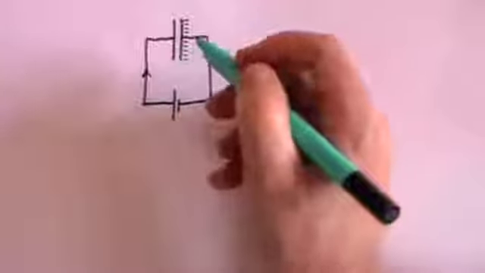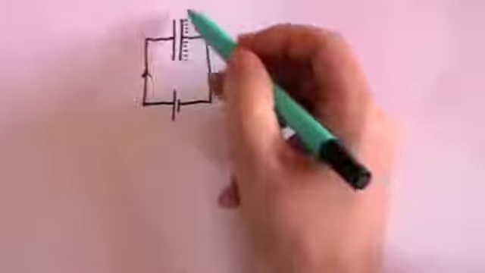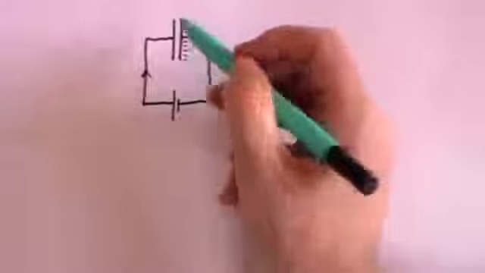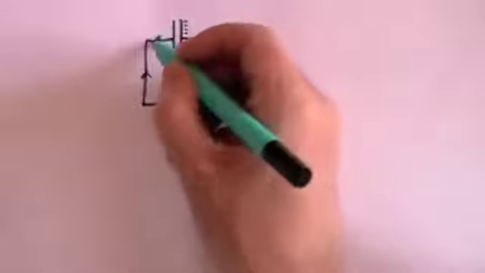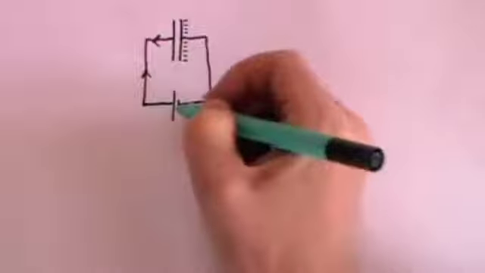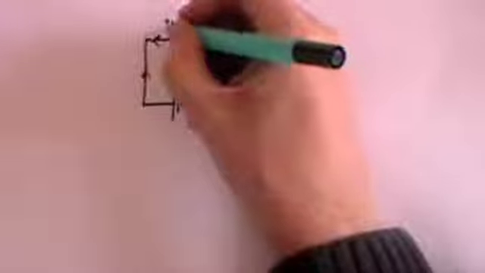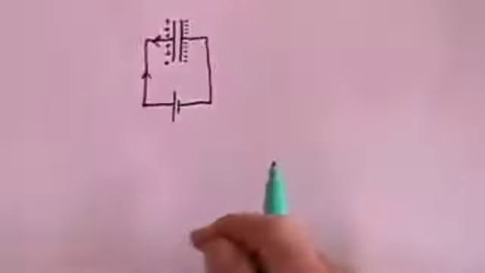That's the crucial point. If you get a congregation of negatively charged electrons on this plate, those electrons will repel the electrons on this plate and push them. The electrons will now flow in this direction back to the positive terminal, leaving a residue of positively charged particles on this plate. In other words, energy has been stored.